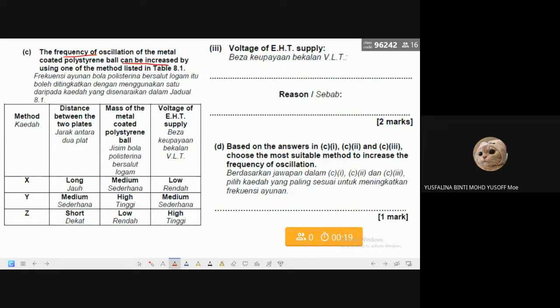Frequency means the number of oscillations per second. So it means how do you make the number of oscillations increase. So it means it has to move faster, right? In 1 second it has to move faster. So you have to move faster, meaning you need to choose the one that increases the speed, increases the acceleration. Okay.